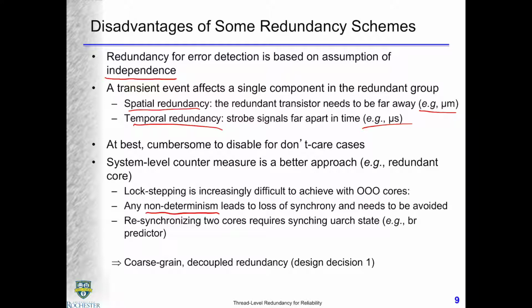So there are some design decisions to take from these observations. We think coarse grain is the best way to do things, meaning thread level, not instruction level or circuit component level. And they should be decoupled. So I have 2 runs, and I don't want to lockstep them.